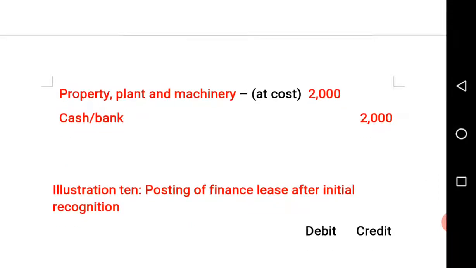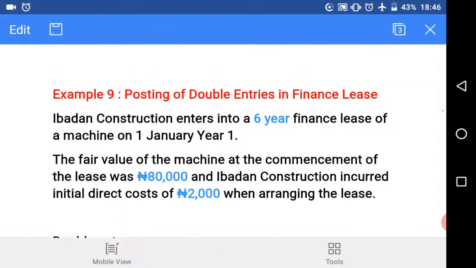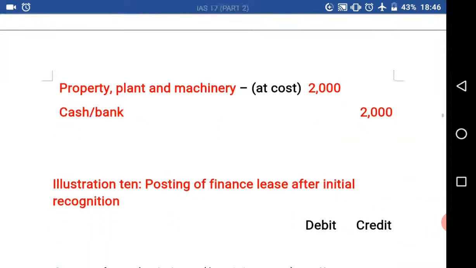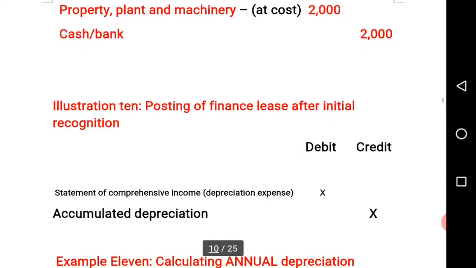Illustration 10, posting of finance lease after initial recognition. The illustration 9 is on initial recognition, while here is after initial recognition, also subsequent recognition rather. You debit the statement of comprehensive income, depreciation expense, then you credit accumulated depreciation.